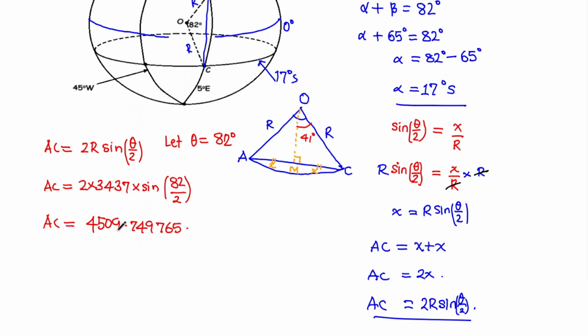Now we can round this to 3 significant figures, and we have AC is approximately 4,510 nautical miles.